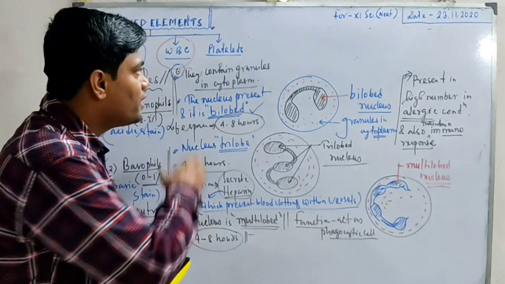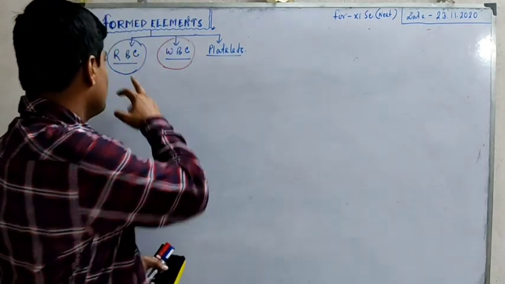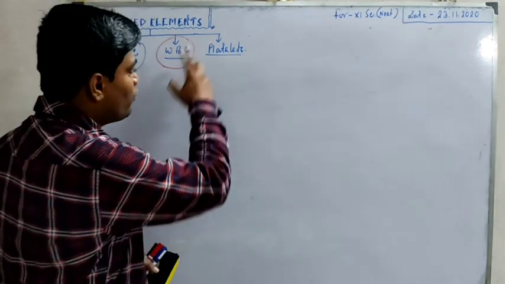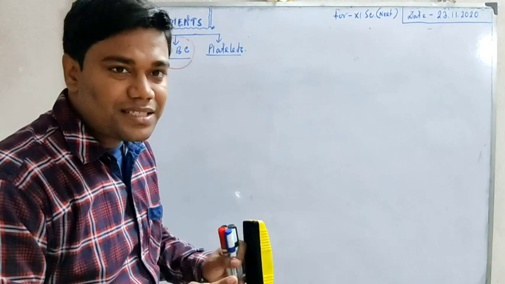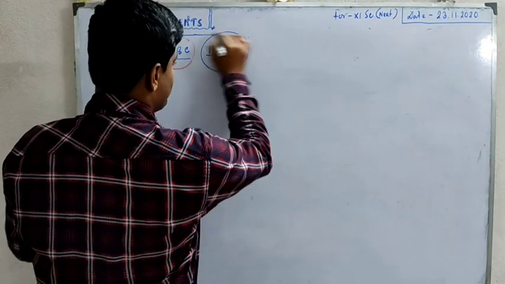Now we move to the platelets. Okay, after comparing RBC and WBC respectively, we move to the last formed element, that is thrombocytes or platelets.